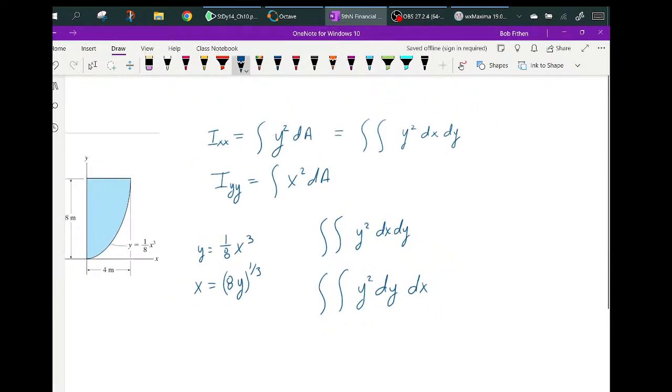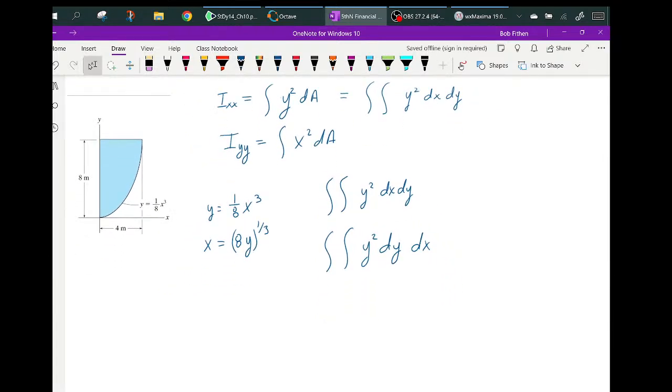So, if you do dy, you're going to run your bar from here to here. So it's going to take me a few minutes to do this. So, yeah, let's do this one first. Do I put this in here? Do I do it like this? Here's my two choices.